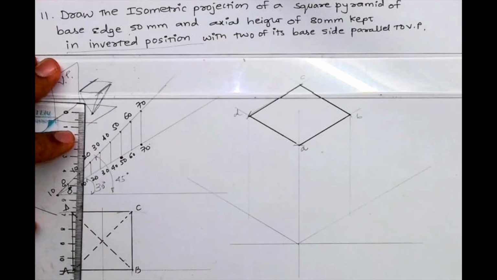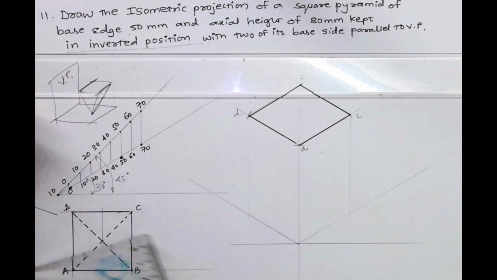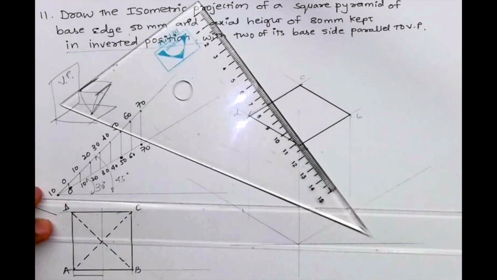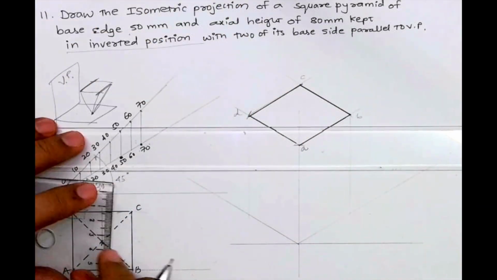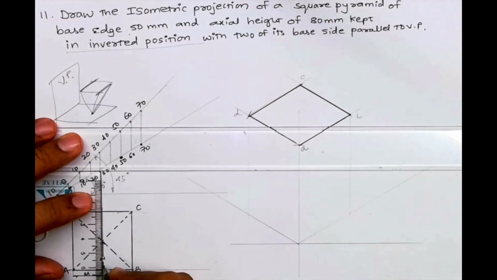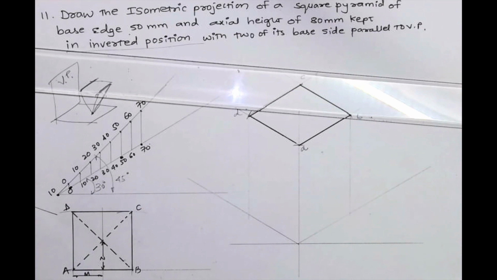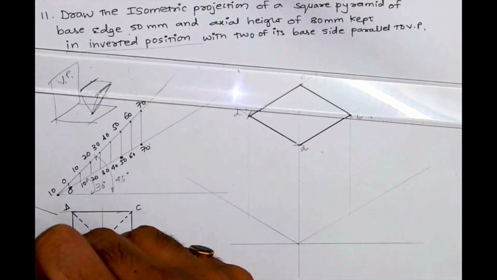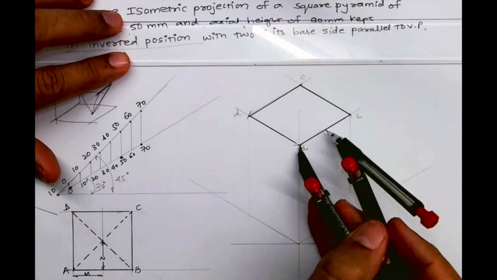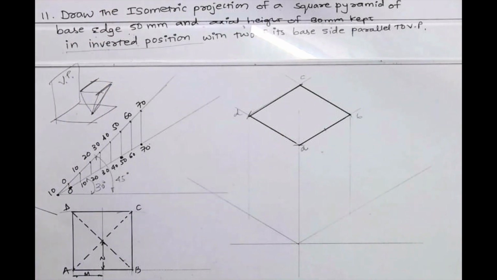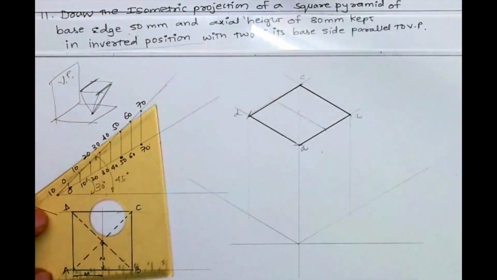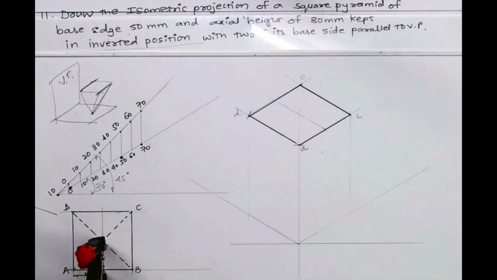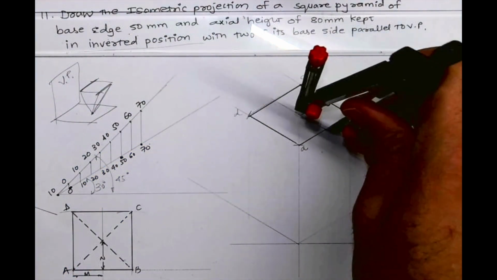All of you know how to mark the midpoint, M and N. So this is M distance and this is N. We'll take M and cut it over here. Then I will take this inside and mark N. See this, I will take this distance and cut it from here.